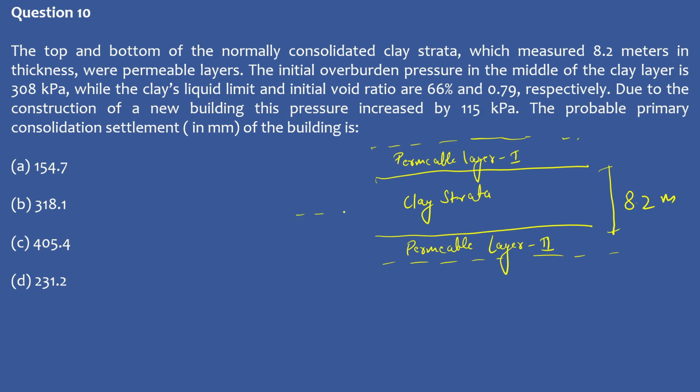So the initial overburden here is 308 kilopascal. The liquid limit is given as 66.6%, and your void ratio is given as 0.79.